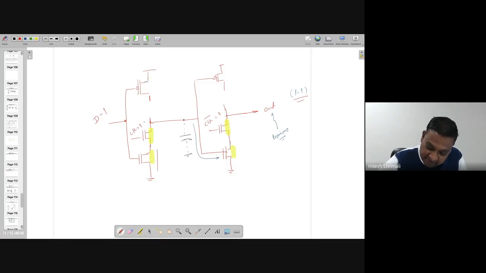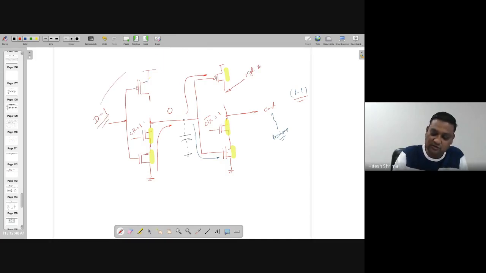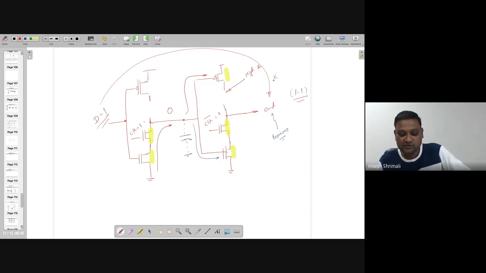It makes a connection here to 0. Because of 0, this transistor makes the connection. However, because of the high impedance node over here, this D value does not transmit to the output, right? So that is what we have learned in C-square MOS.